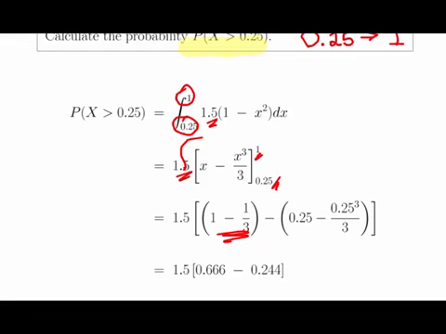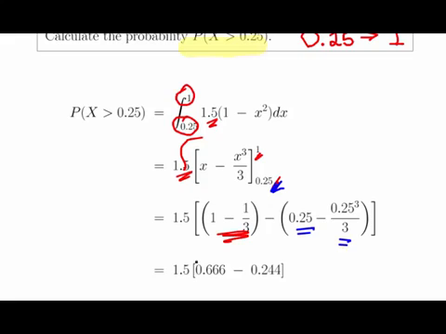But the lower bound is 0.25. So we have to spend a little bit of time working that out. A little bit of calculator work, but just be very careful with it. 0.25 minus 0.25 cubed over 3. Just take a moment to get it right. It's just a bit of number crunching, just to make sure you have it right.